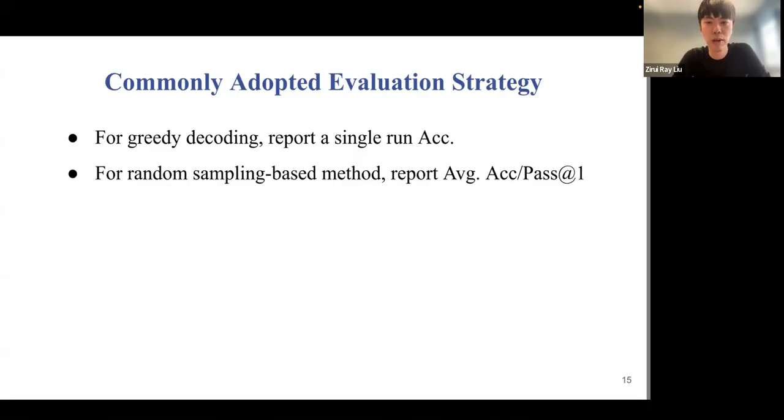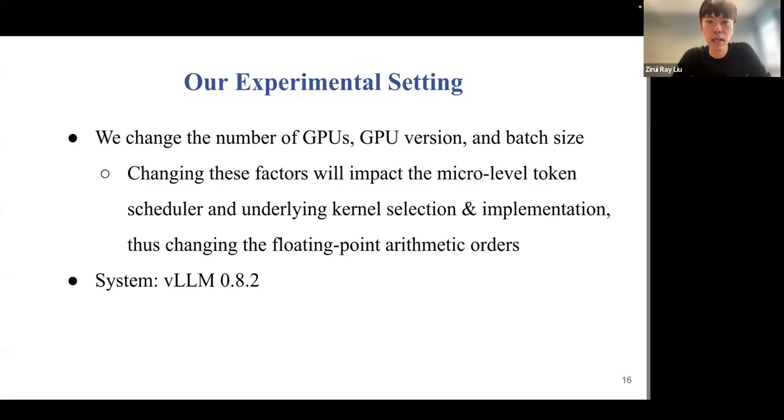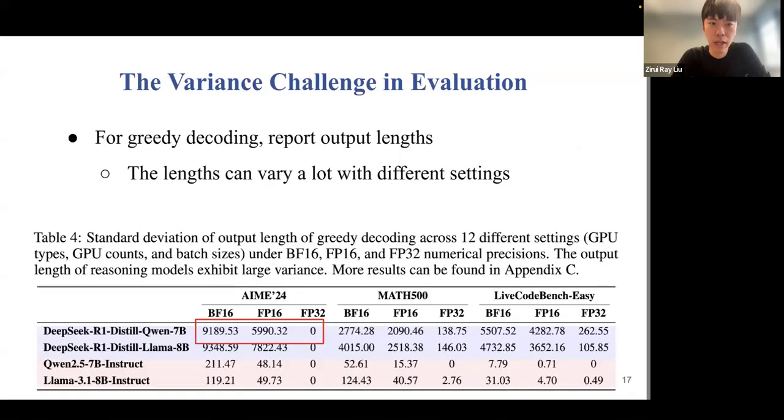These are the two commonly used evaluation protocols. And here we change the GPU version and batch size to study how these factors impact the final evaluation results. Long story short, they significantly change your results.